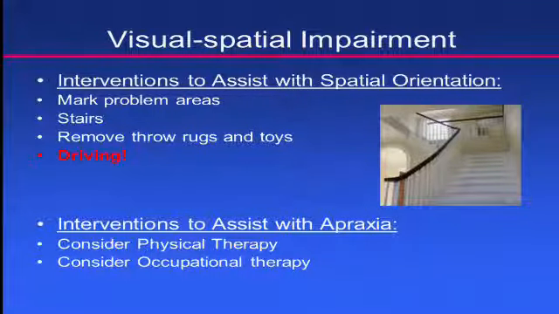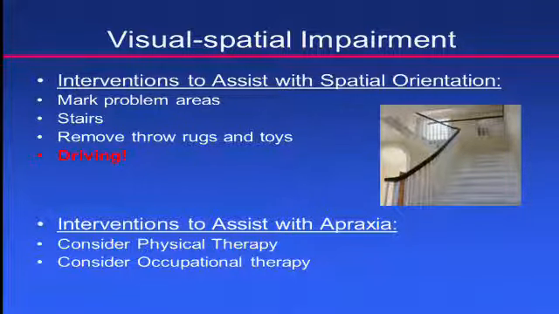Now, interventions to assist with apraxia or difficulty with using some utensils and tools would be to consider physical therapy, because physical therapy can be very helpful with any issues such as contractures, and just easing the way that people can use their limbs. And also occupational therapy.